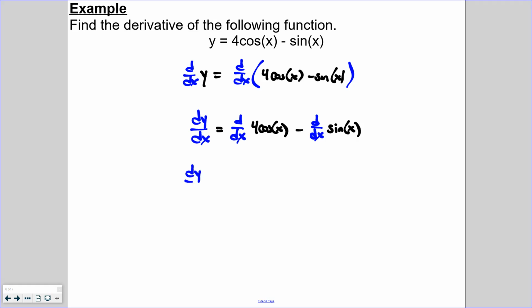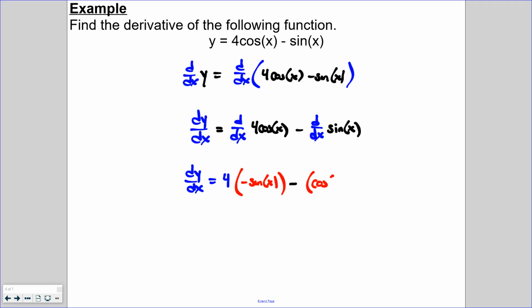And like we have already talked about, if we have a function that has a coefficient, we can essentially ignore the coefficient and then just multiply it by the derivative. And the derivative of cosine is negative sine of x. And then minus, and then the derivative of sine of x is going to be cosine of x.